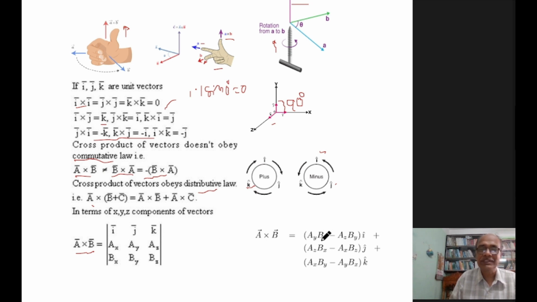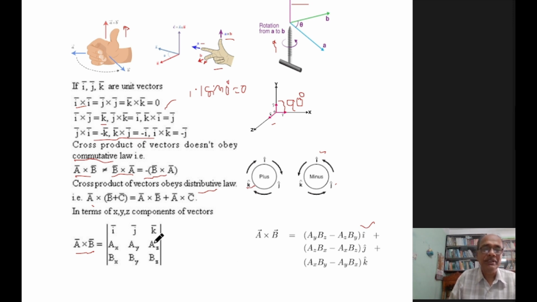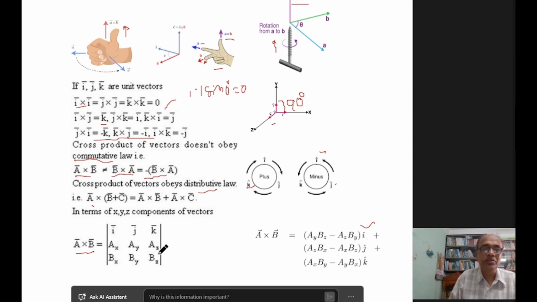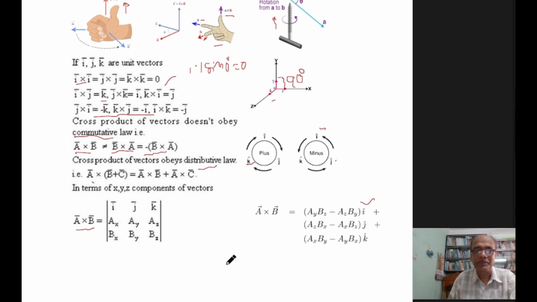Here you see this is (Ay Bz minus Az By) i cap. Similarly, for j, we cut this one, and multiply only these, so j is (Az Bx minus Ax Bz), and similarly we get the third term.